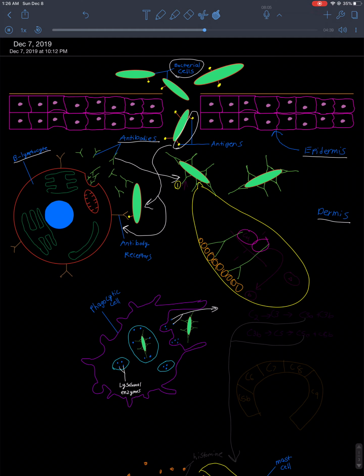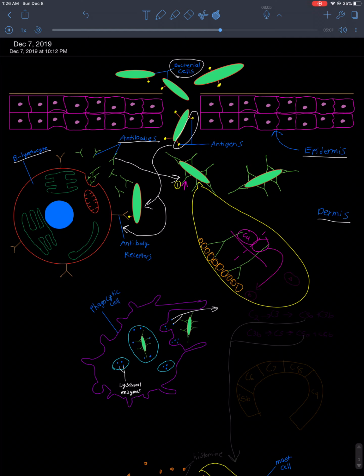So this is complement protein 4, and at this point, complement protein 1 has already been activated when the antibody bound to the cell body. So this catalyzes the hydrolysis of C4 into two fragments. So it's going to split here and it's going to detach.